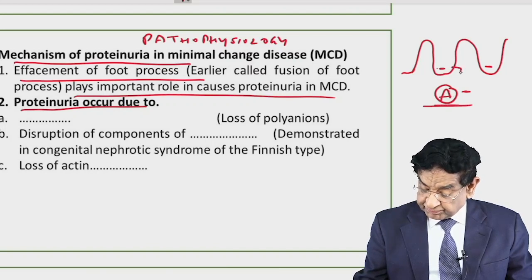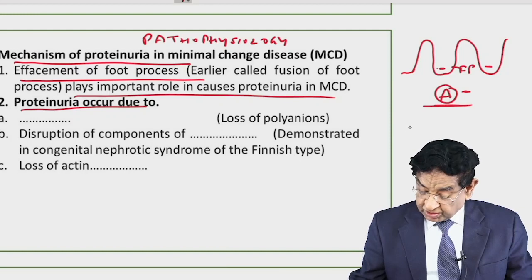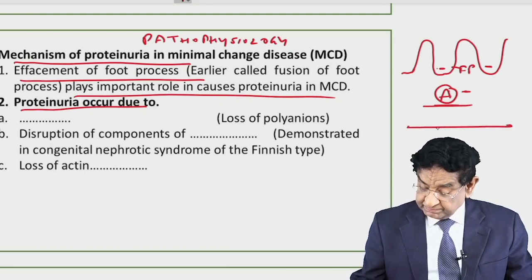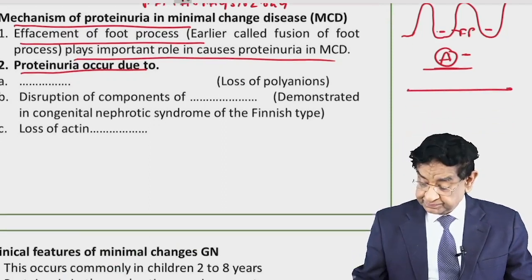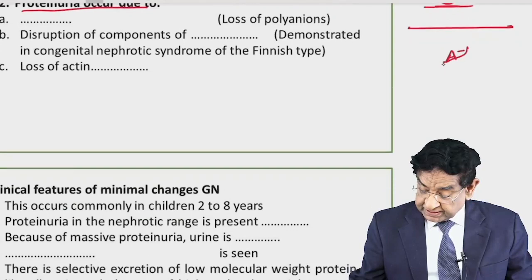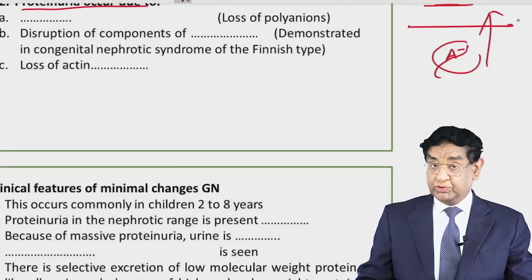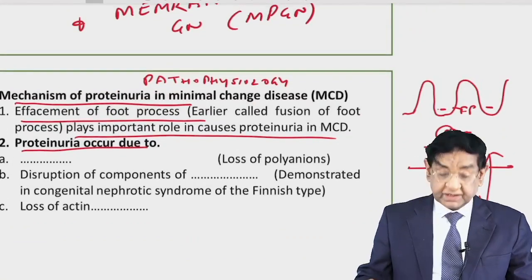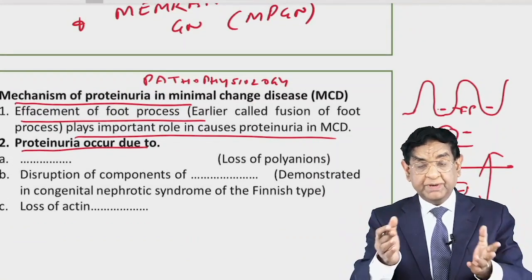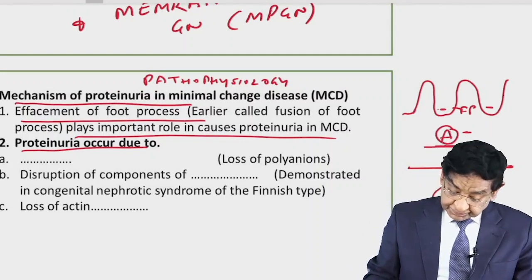This is the foot process. But once the foot process is lost, it becomes like this. Effacement is there, and here is the albumin, negatively charged. Now it has no difficulty in moving out. And one more thing, I hope you remember that in this case the slit diaphragm was widened.